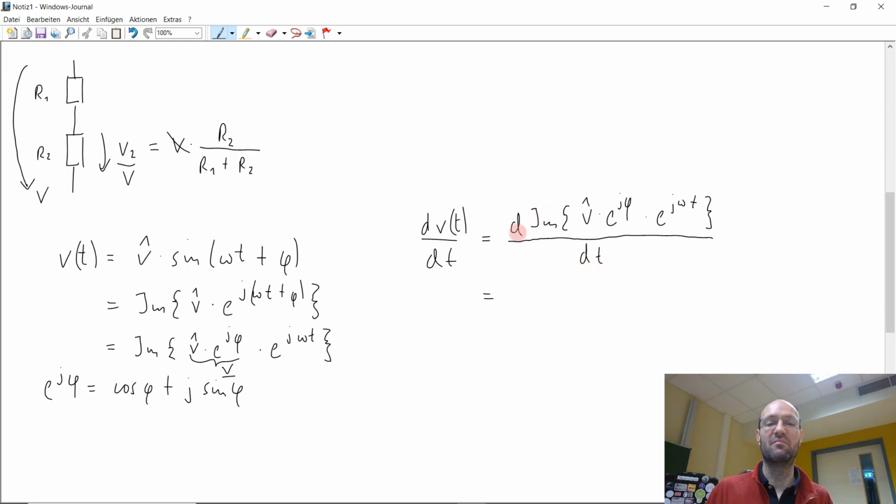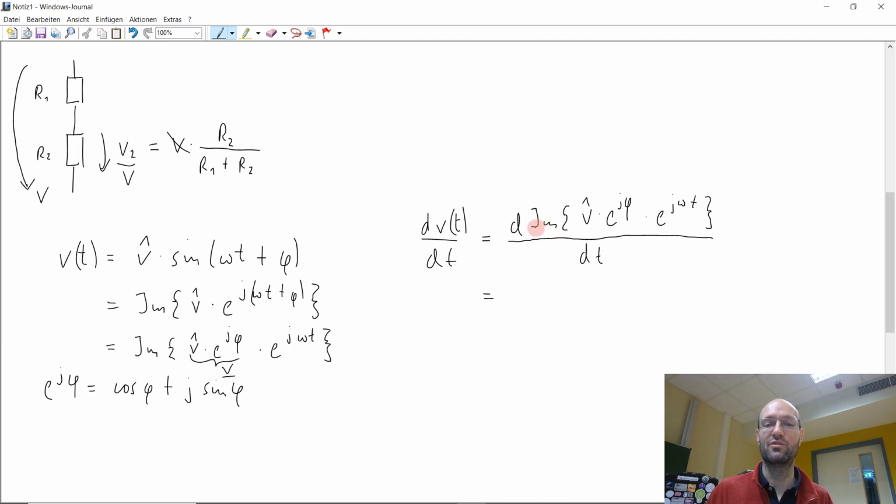And without showing a mathematical proof, we can interchange the order: calculating the imaginary part first and then the derivative, or the derivative first and then the imaginary part, does not change anything.